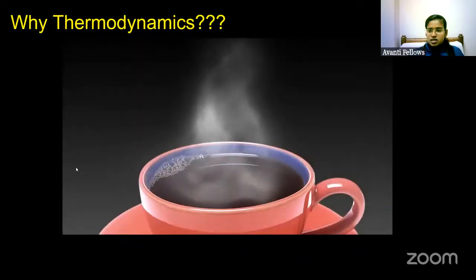What is this? A tea is kept inside the container, in a cup and saucer. If I keep this container with the tea on the table, what will happen? Will it remain hot for a long time or will it get cooled?